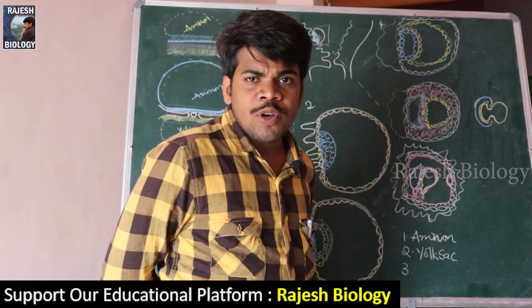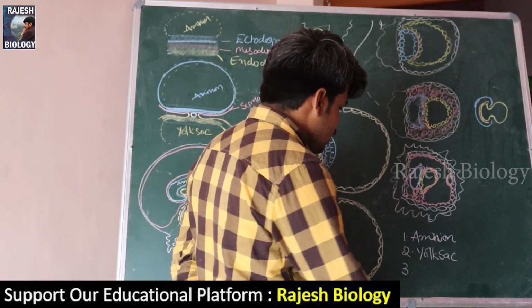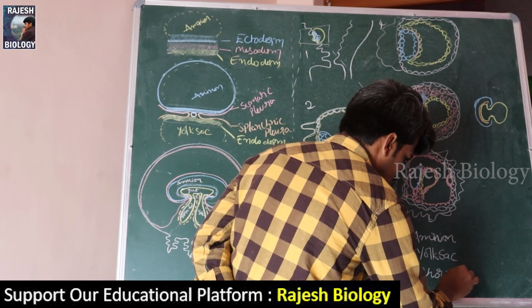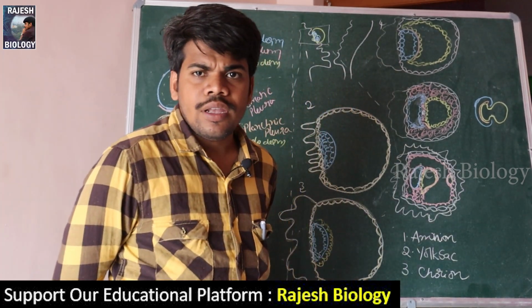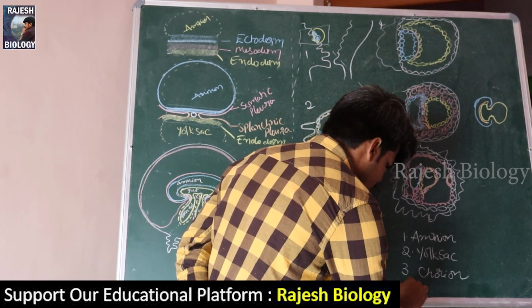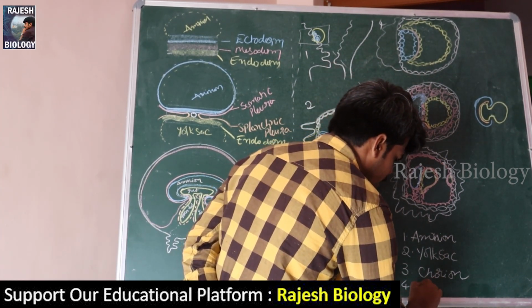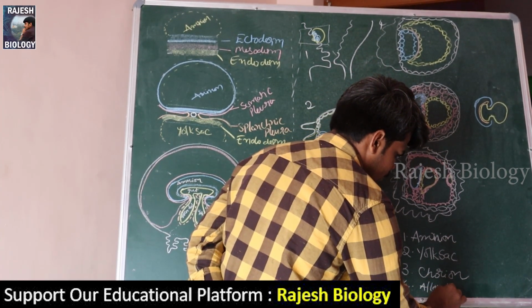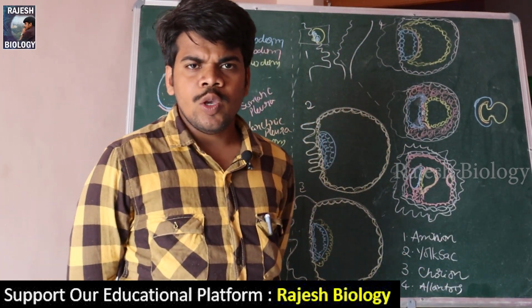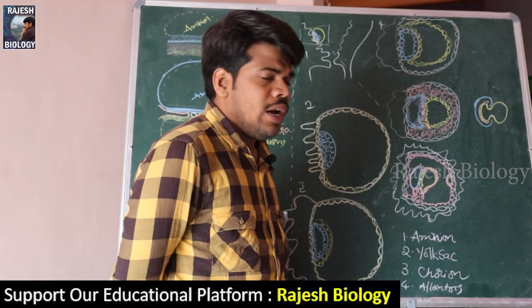The third extra-embryonic membrane is the chorion, and the fourth is the allantois. This is the order: amnion, yolk sac, chorion and allantois.